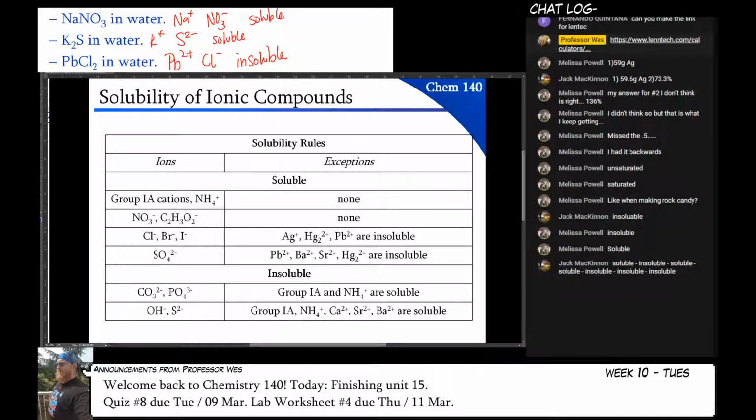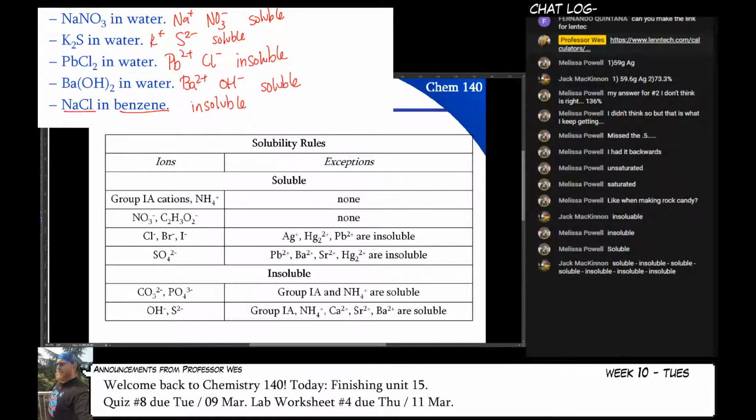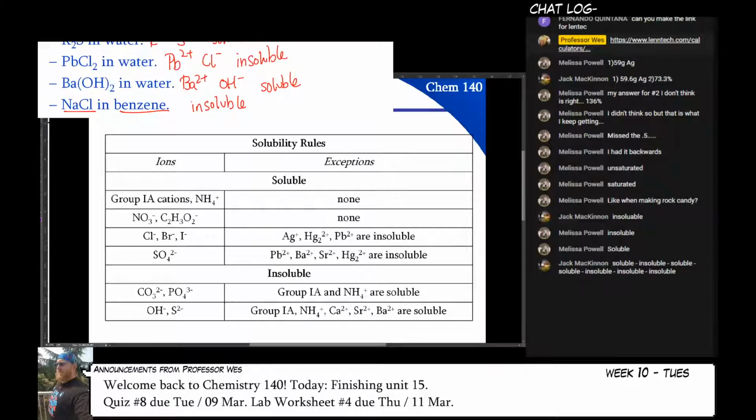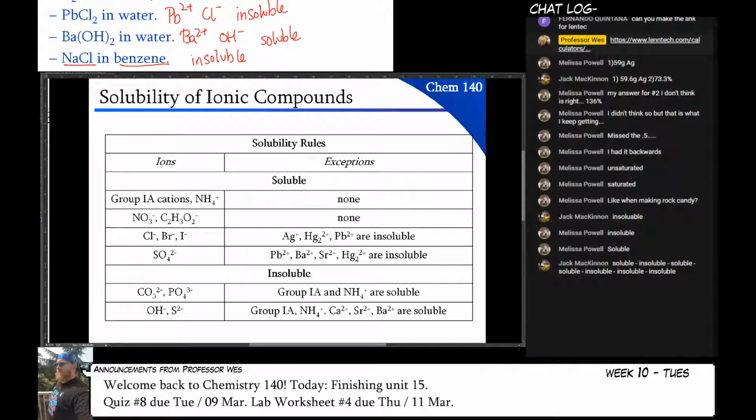There's our solubility. Now this last compound down here, I'm going to give you the answer. Whoops. I ran off of the screen here. There we go. I'm going to give you the answer, and then we'll explain it. Why would salt not dissociate in benzene or dissolve? Well, we set up here, benzene is nonpolar, right?